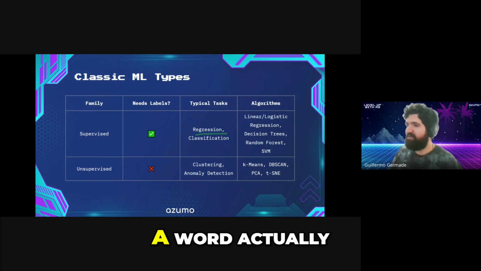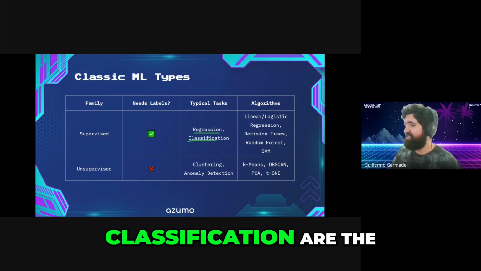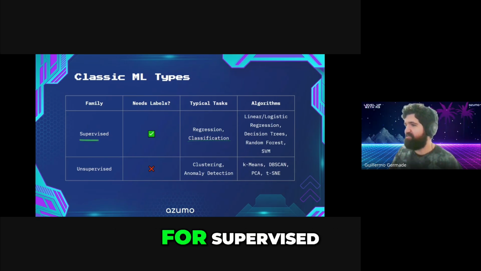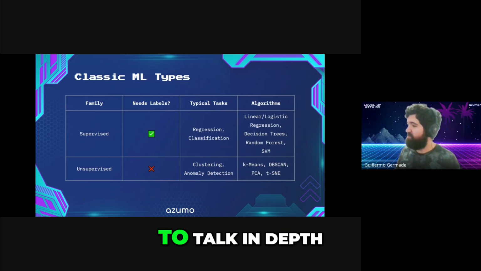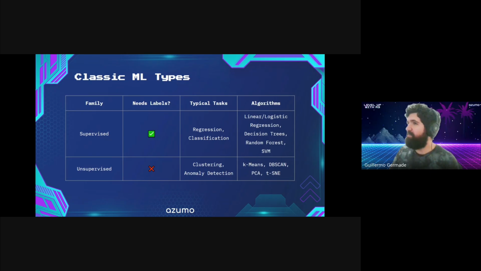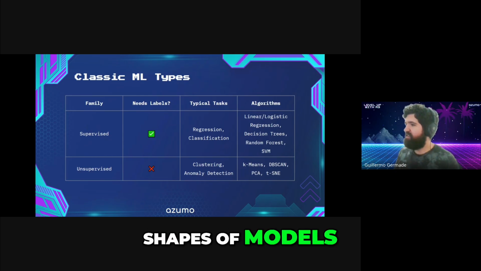Recapitulating, I don't know if that's a word actually, but regression and classification are the main tasks here for supervised learning. And here are some classical algorithms, which I'm not going to talk about in depth, but they are different manners in which you can use math in order to feed the data to different shapes of models.